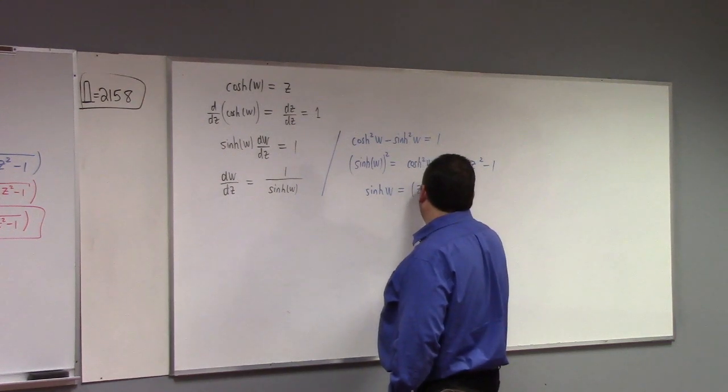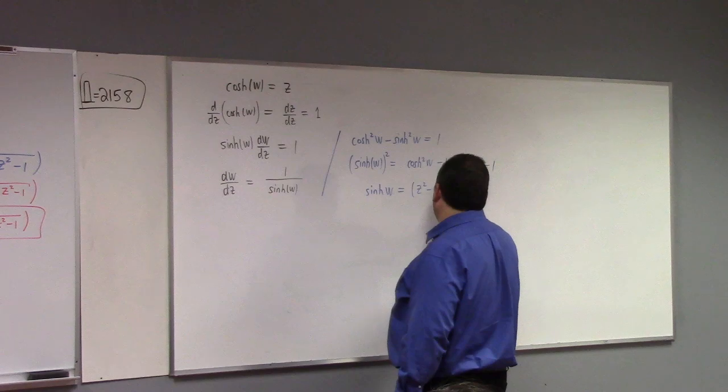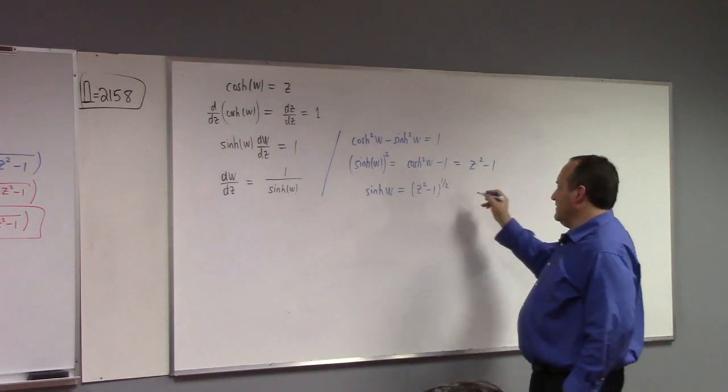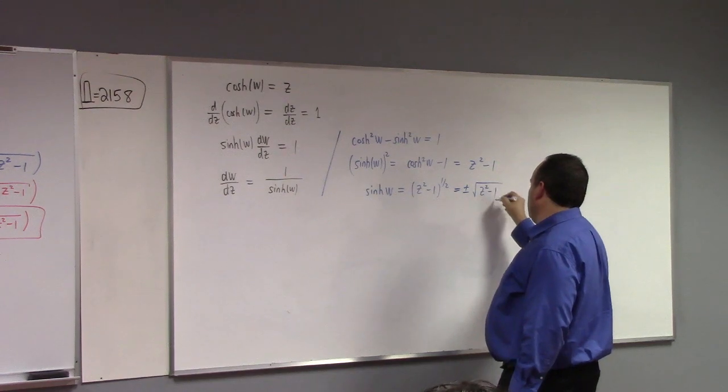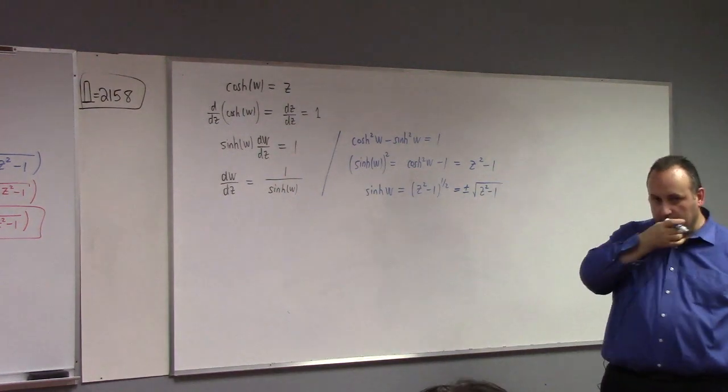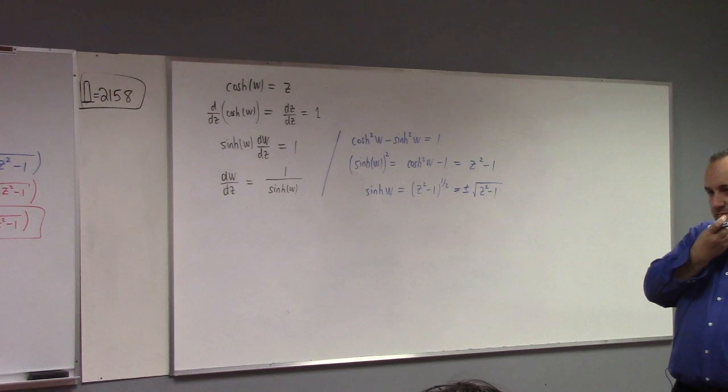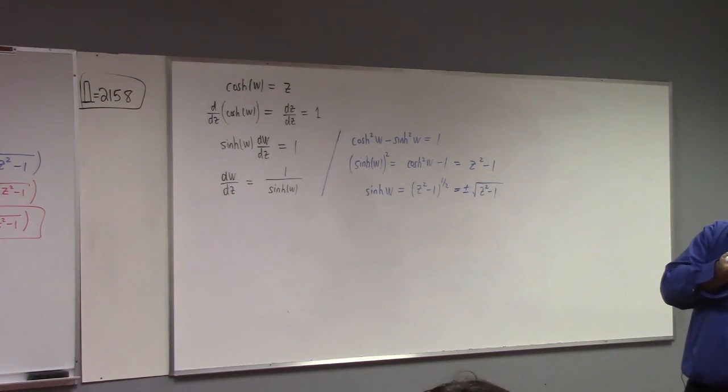Well, z squared minus 1 to the 1/2 power. Or if you like, I could write plus or minus the square root of z squared minus 1, where I'm abusing notation a bit, because I'm talking about equality where I really should be saying an element of, to be fussy.